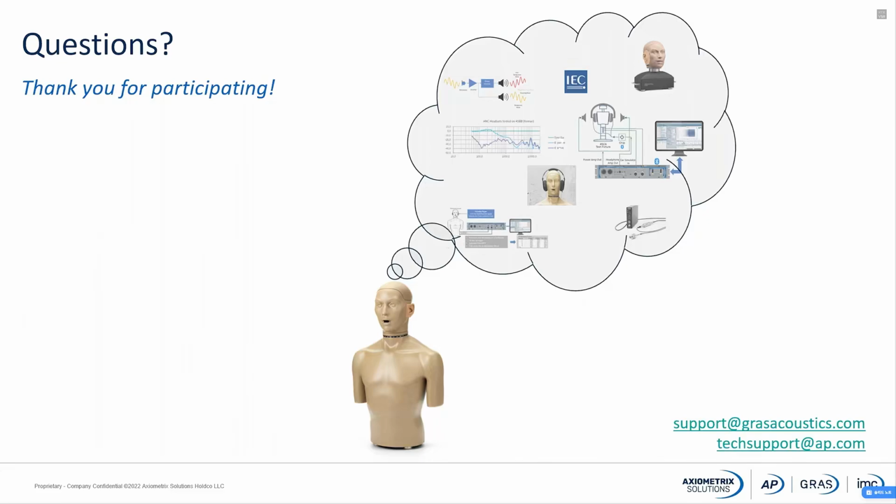Will there be a version of KeyMark compliant with P57 type 4.3? Okay, for the ones that are not familiar with the ITU P57, it was very recently updated with a new section describing ear simulators. This is a type 4.3 section. At the moment, GRAS doesn't have anything to offer that is compliant with this section, but who knows in the future.